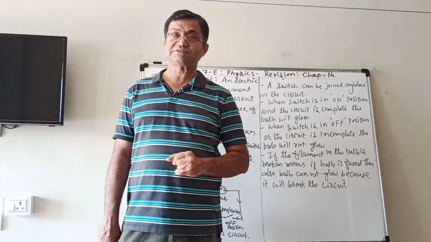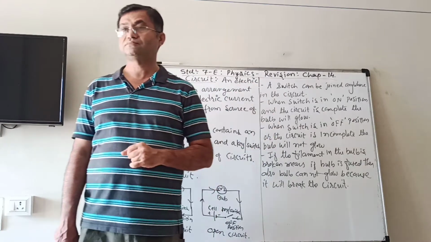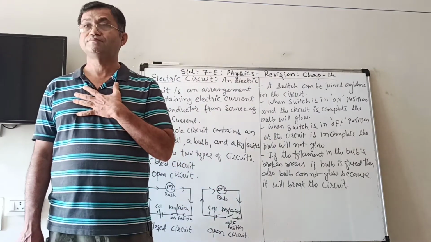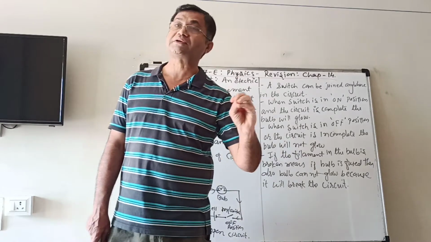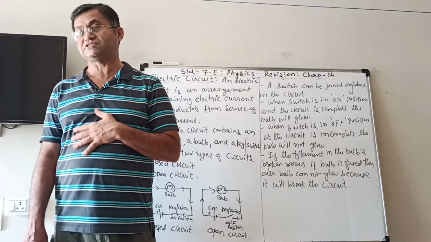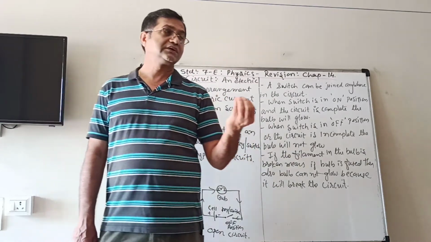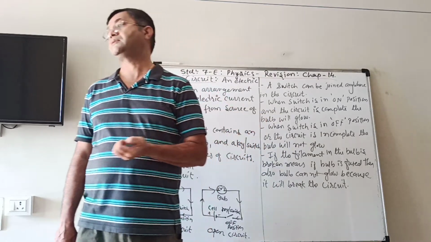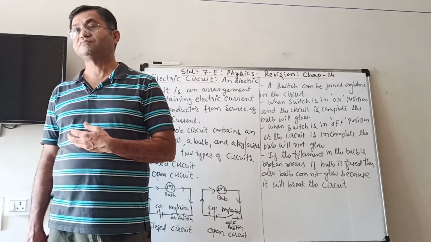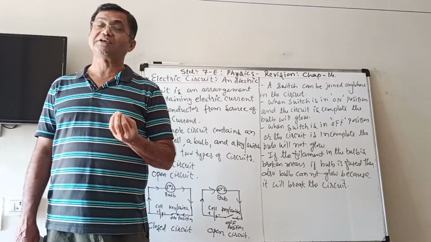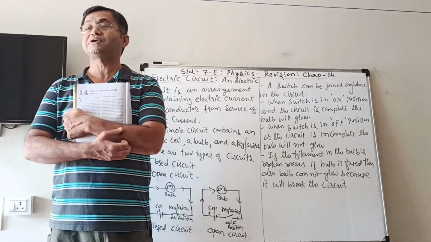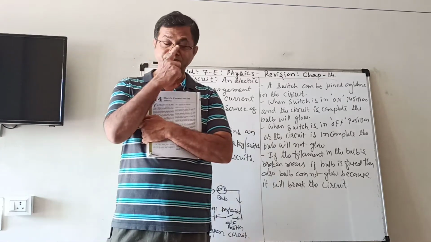All the metals and the graphite, even our body is a good conductor of electricity, while wood, glass, rubber, etc., are insulators, means they do not allow the current to pass through them.